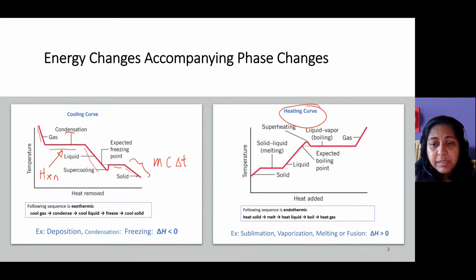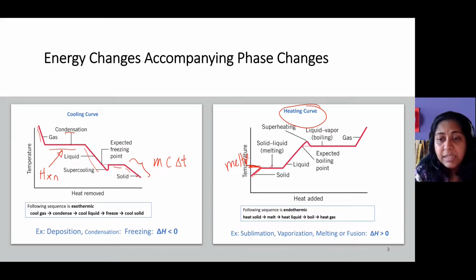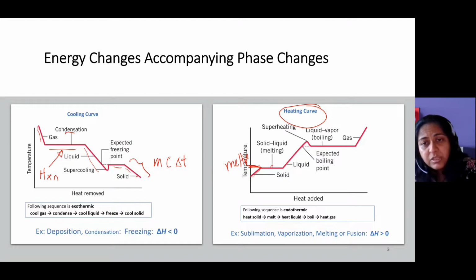First, we imagine we are heating a sample of solid. Temperature is rising until, okay, what is this temperature? Yes, that is the melting point. The temperature of the solid sample is increasing until it reaches the melting point. At the melting point, a phase change occurs from solid to liquid. We don't see any temperature change during the phase change because it's in equilibrium and solid is changing to liquid.